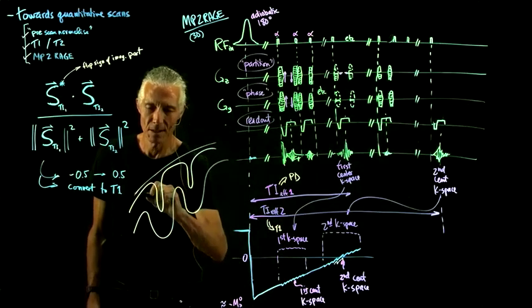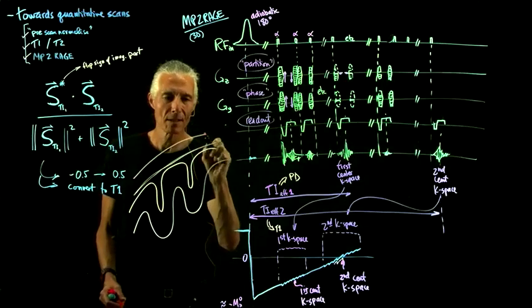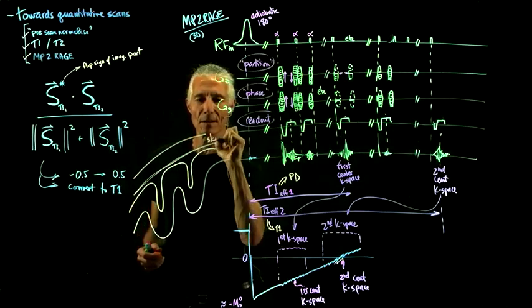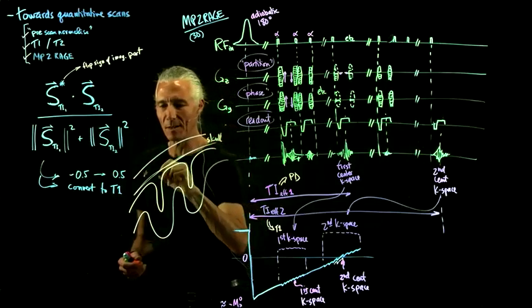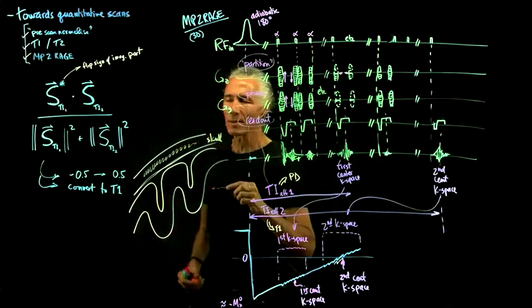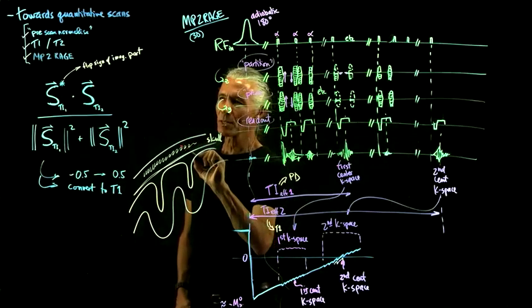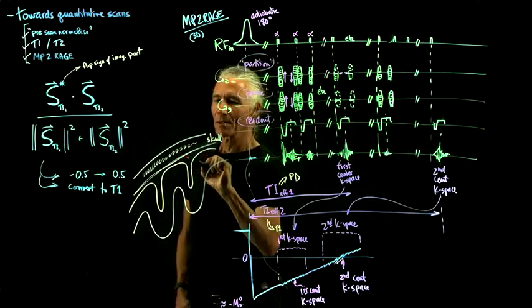Now the skull doesn't have much signal in it. If this is the skull here, there's some signal in the marrow of the skull, but the bone of the skull has such a short T2 that there's no signal. The CSF is black too, but that black is different.